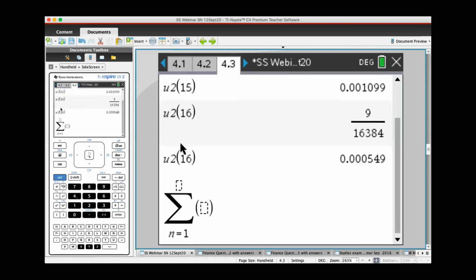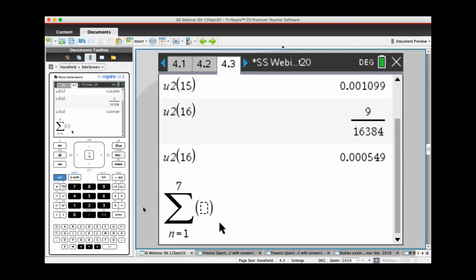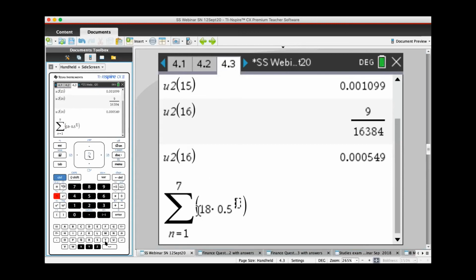So I'm going to go to 7, and I'm going to write 0.5 times, sorry, what was it? It was 18, was it? Yeah, it's 18. I'm sorry, just 18 multiplied by 0.5 raised to n minus 1.